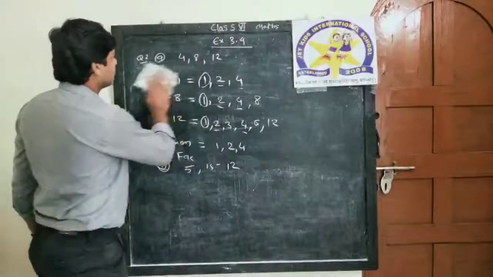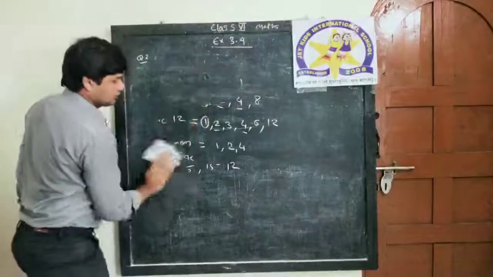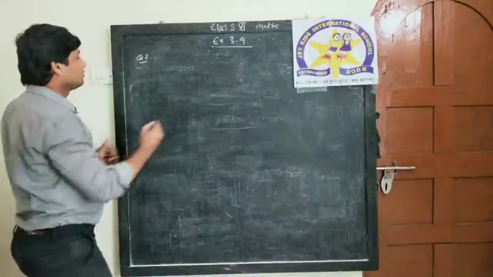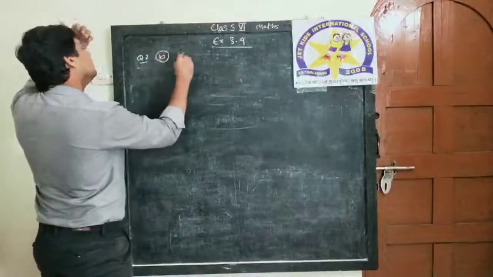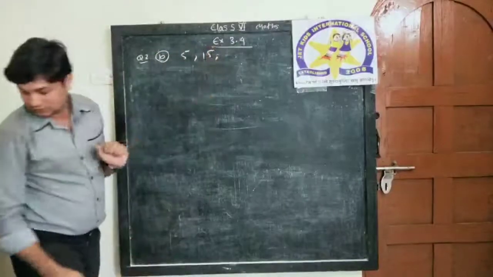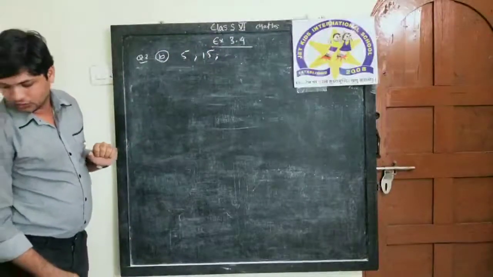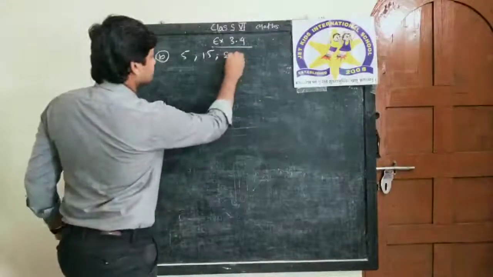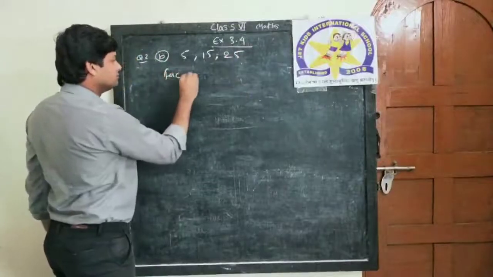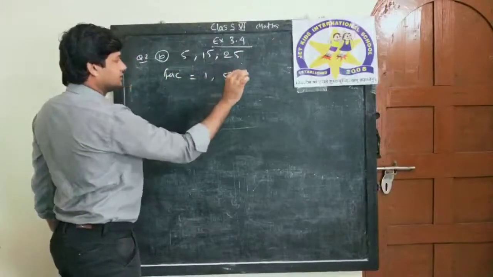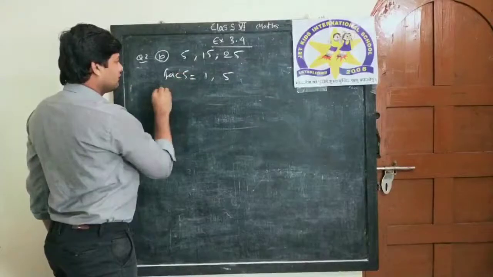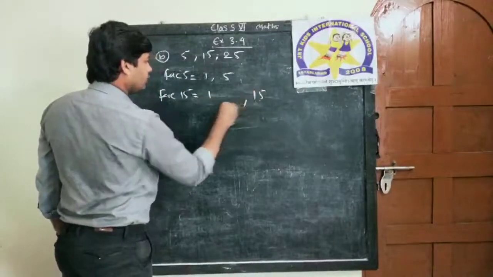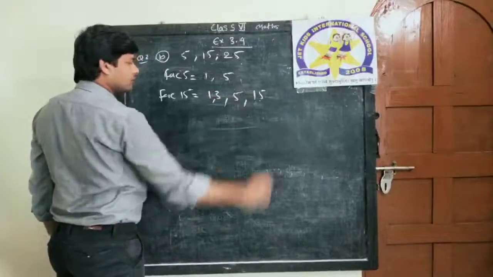Factors of 5: 1 and 5, that's it, no other factor. Then factors of 15: 1, 15, 3, 5.